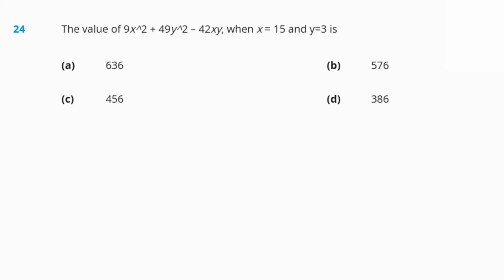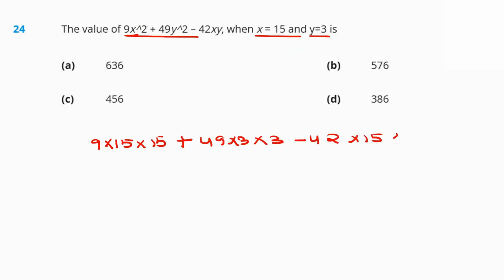Next, question number 24. One expression is given where the values of the variables are already provided. So it's easy, x is 15. So basically it becomes 9 into x squared, meaning 15 into 15, plus 49 into y squared, that's 3 into 3, minus 42 into 15 into 3.